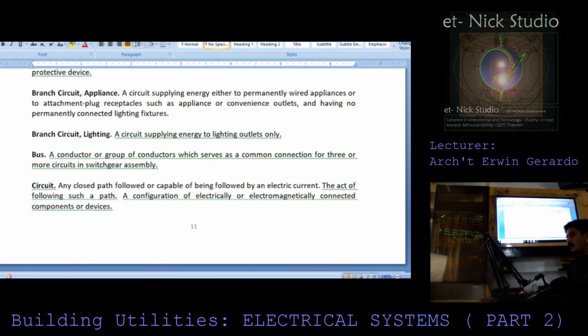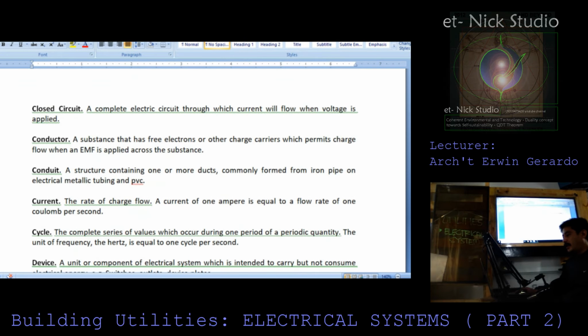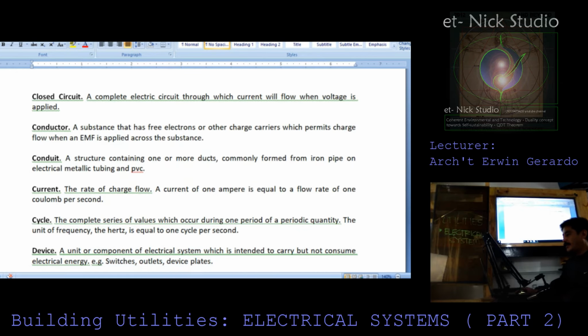Circuit, any closed path followed or capable of being followed by an electric current, the act of following such a path, or a configuration of electrically or electromagnetically connected components or devices. Closed circuit, a complete electric circuit through which current will flow when voltage is applied.